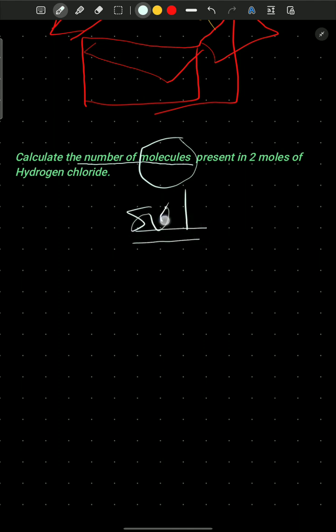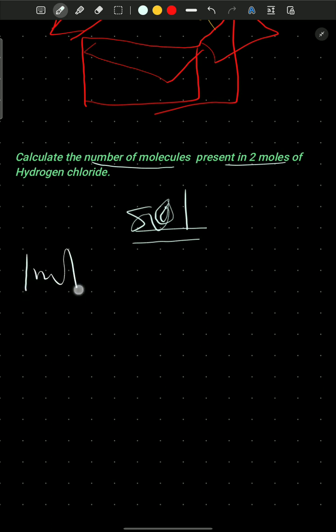In this type of question, you don't even need molar mass. Why? Because the question does not measure mass. If the question measures mass, then you need molar mass. It just talks about mole. This question is very simple. You have to find the number of molecules present in 2 moles.